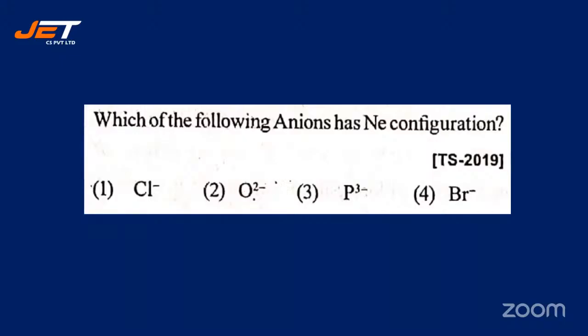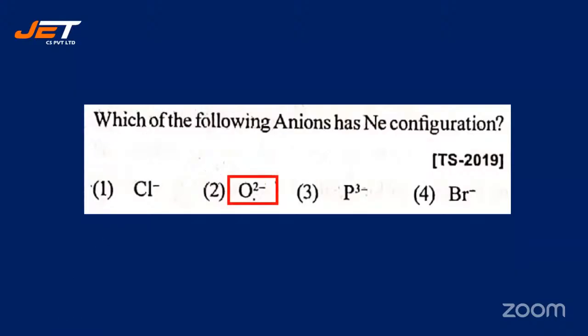Chlorine anion, oxygen, phosphorus, bromine. Which is the anion having neon configuration? Anil is mentioning it as option 1. Only Anil is answering. Remaining people are still not in line or not in loop.